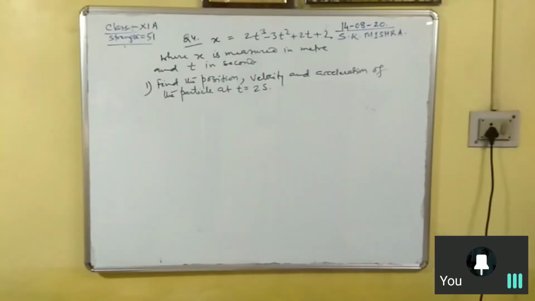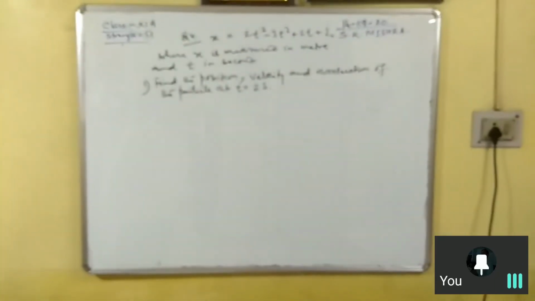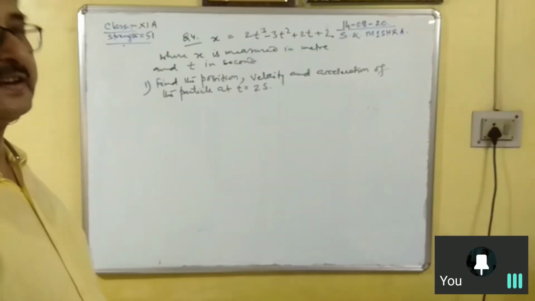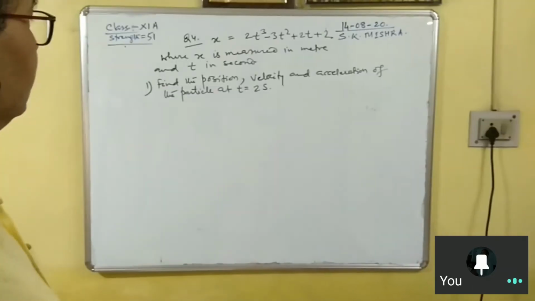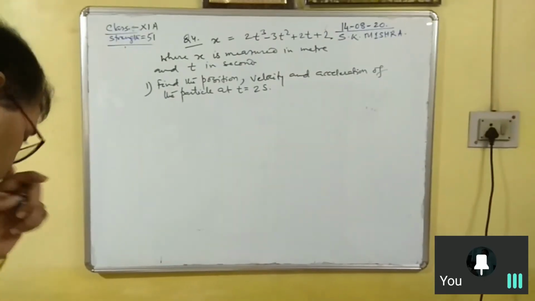You have to find the position, the instantaneous velocity, and then instantaneous acceleration at t is equal to 2 seconds.